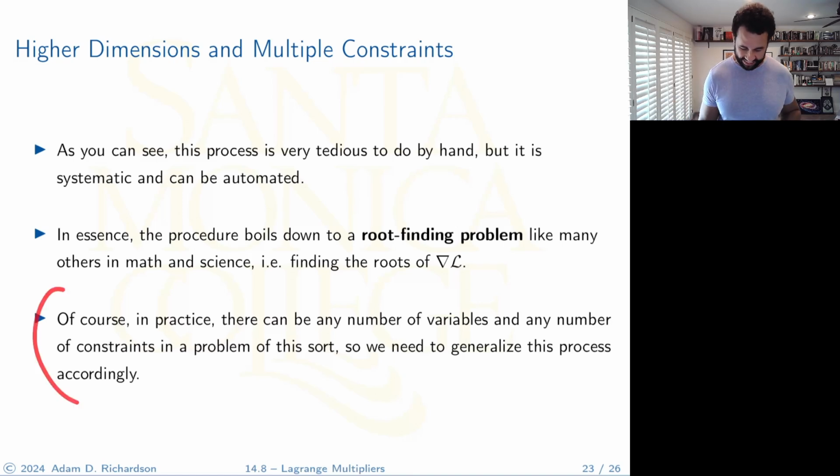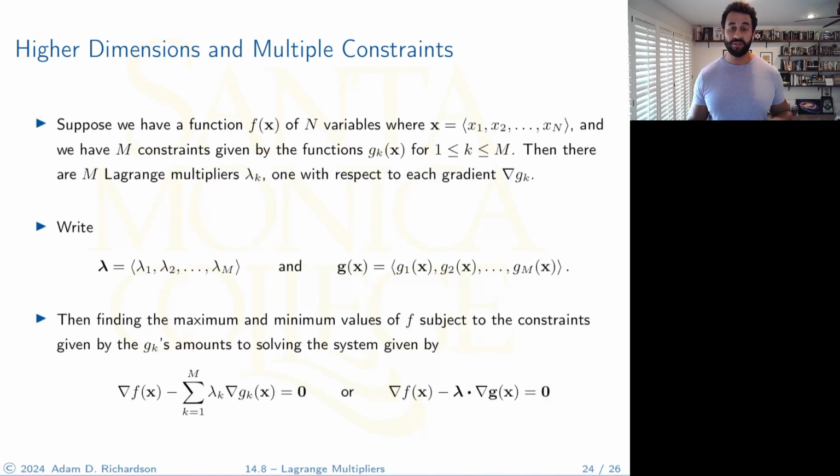Now, in practice, there could be any number of variables and any number of constraints, so now we're going to generalize it. Suppose that we have a function f of x of n variables, and we let x be the vector x1 all the way to xn. And suppose we have m constraints given by the equations g sub k of x equals 0.